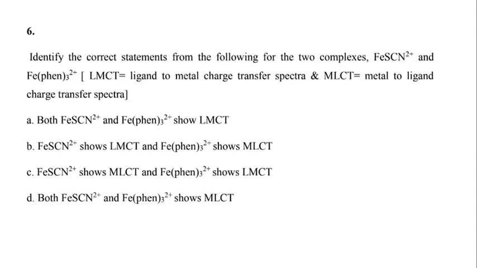Then question number 6. Identify the correct statement for the two complexes Fe(SCN)2+, where Fe is +3, and Fe(phenanthroline)3 2+, where it is Fe+2. Remember, because SCN is minus, the overall charge is +2, but Fe is +3. LMCT we have already discussed, ligand to metal charge transfer, and MLCT means metal to ligand charge transfer.